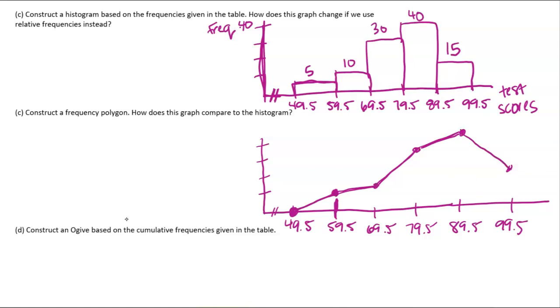Okay. You can see that it has a very similar shape to it as the histogram. It just is a different type of frequency diagram that you can use for quantitative data sets. The reason that it's really nice to look at, though, is because it will really help you with your ogives.